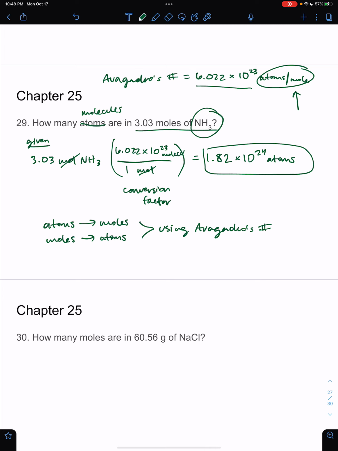So it's the same thing, just if I had asked like 3.3 moles of aluminum, that is one element, one atom. So that's why I would say atoms. But this one says NH3, which is a whole molecule. So that's going to say molecule instead. Same thing, just different word.